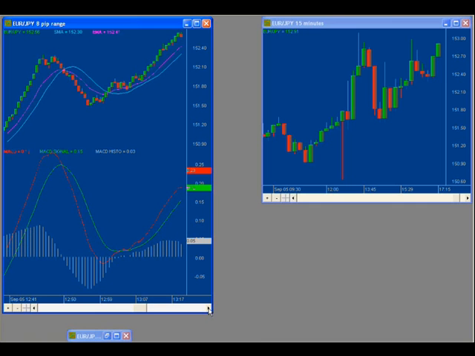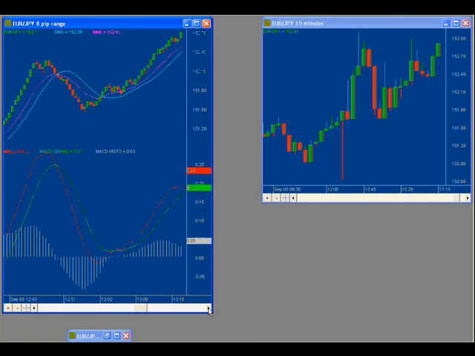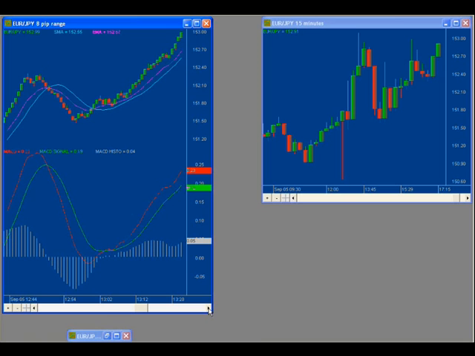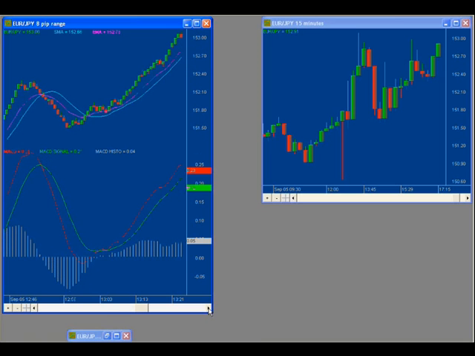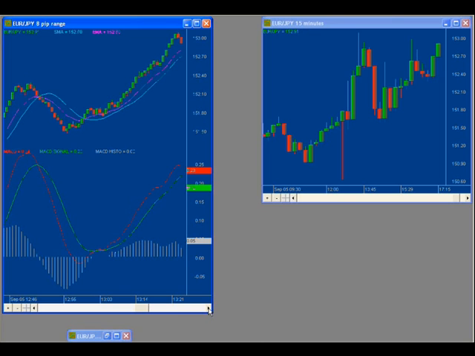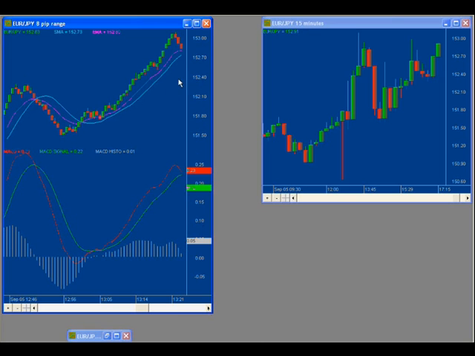There's a red bar. No, still in. Red bar. There's 2, out at the open. Open 153.01.